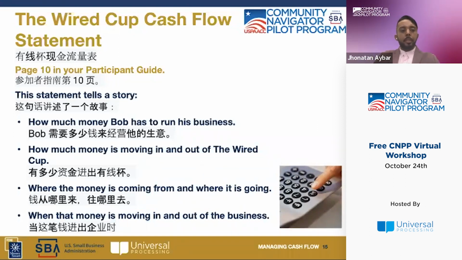Perfect. So the statement tells a story. It tells how much money Bob has to run his business, how much money is moving in and out of the Wirecard, where the money is coming from and where it is going, and when that money is moving in and out of the business. It is super challenging sometimes to balance accounts payable and accounts receivable, and this is something you need to keep in mind to keep the balance in your business, because you want to keep the balance of the cash coming in.